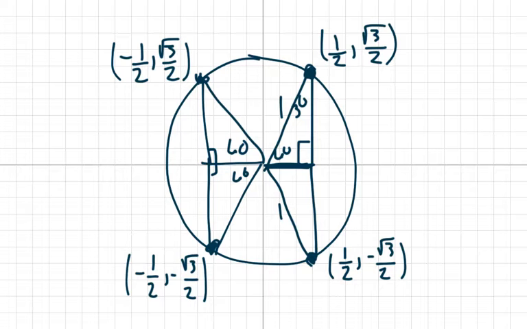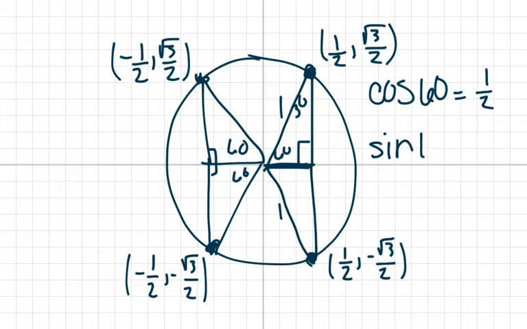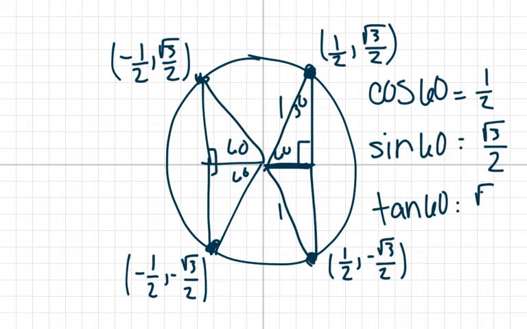So we have that from our first quadrant angle, cosine of 60, that's our x-coordinate, equals 1/2, and that sine of 60 equals root 3 over 2. Then to find the tangent, we simply need the ratio. So we have sine over cosine, and that simplifies to root 3.